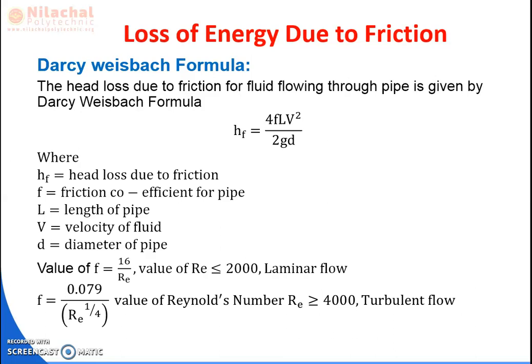Then we see that f depends upon Re. So get the Re value. If Re is smaller than 2000, we use the formula 16 by Re. If it is more than 4000, then we use f is equal to 0.079 divided by Re to the power 1 by 4.